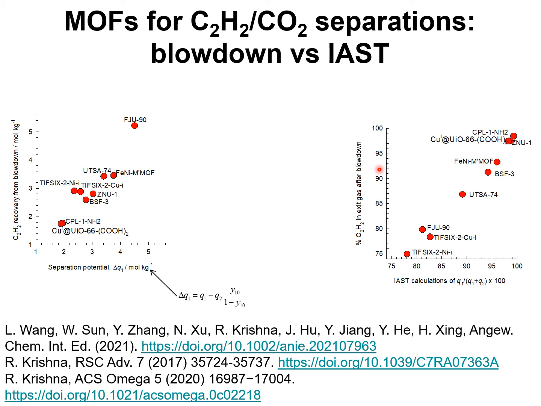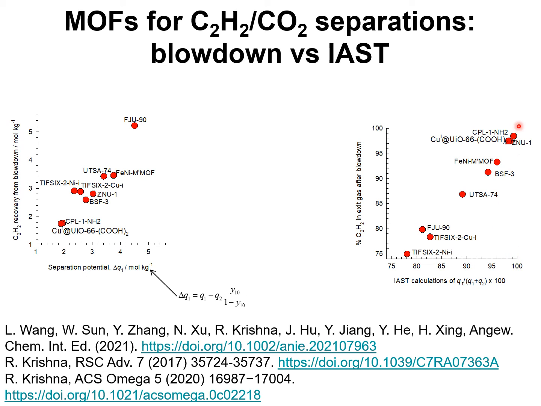The product purities are plotted against the IAST calculations of Q1, which is the component uptake of ethyne divided by the total uptake and multiplied by 100.